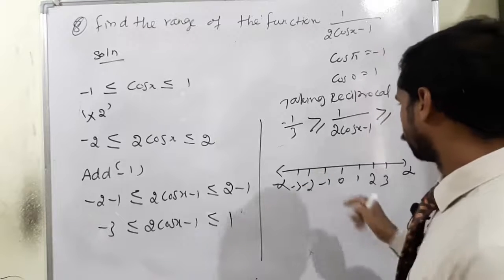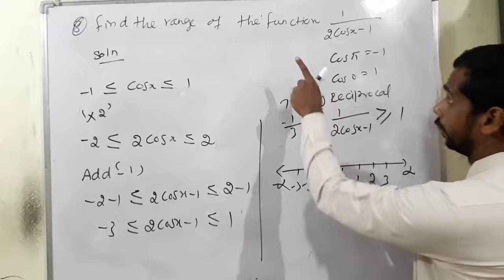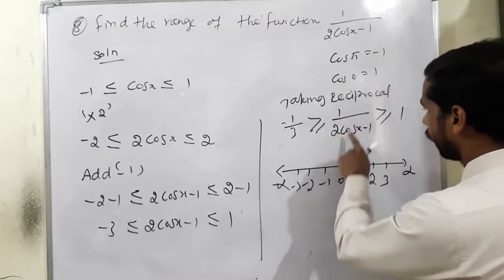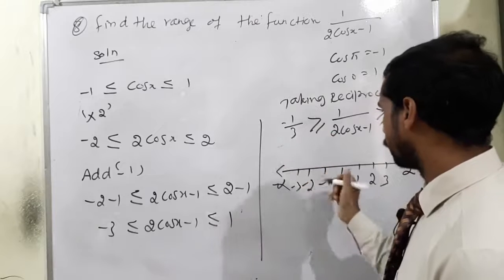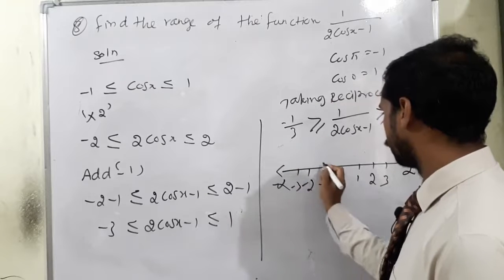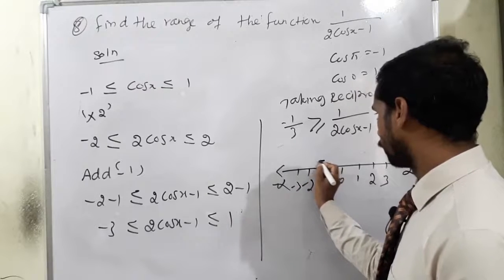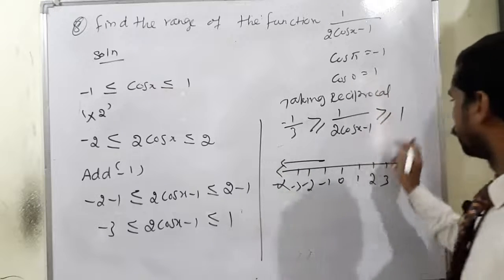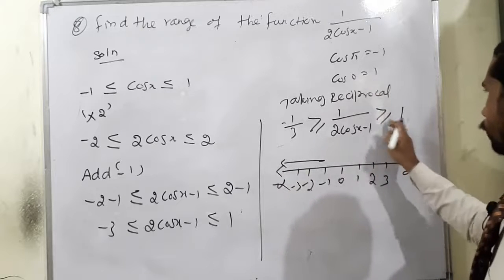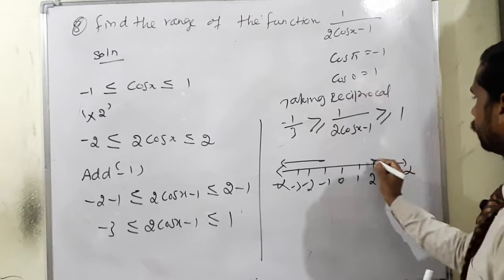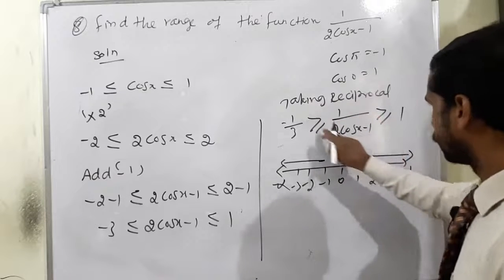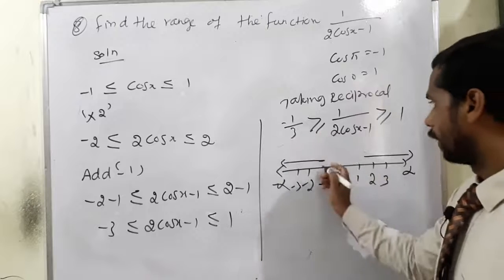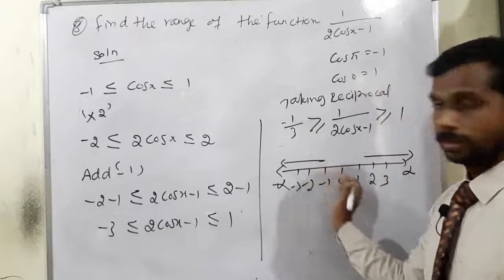The condition, so the range means possible values: 1 by (2 cos x minus 1) is greater than minus 1 by 3, isn't it? The greater than means the minus term moves there. Then the opposite side, if you take it, greater than 1, isn't it? Listen, the 1 by (2 cos x minus 1) is less than or equal to minus 1 by 3, the negative side.